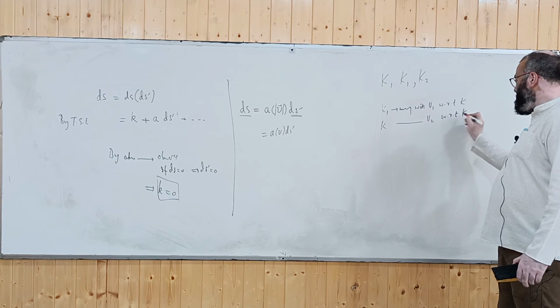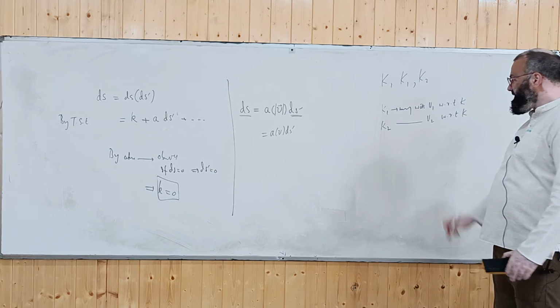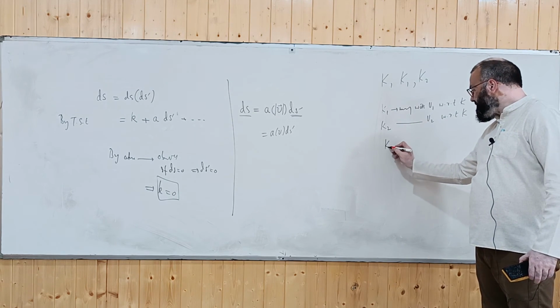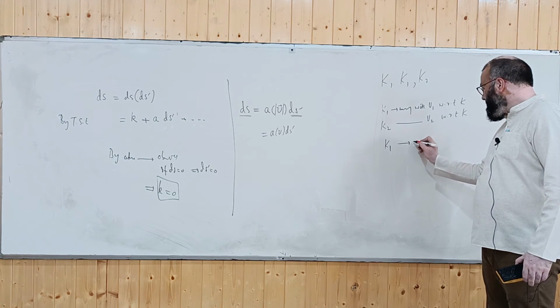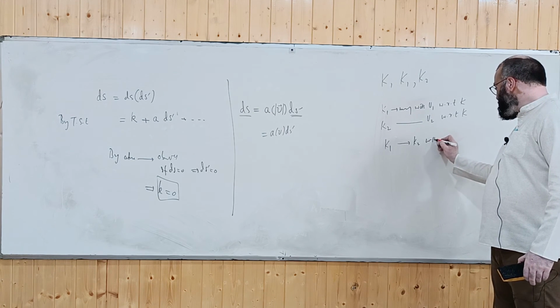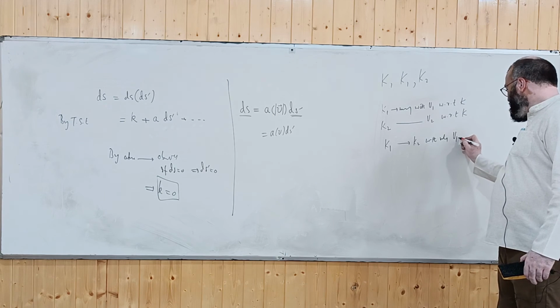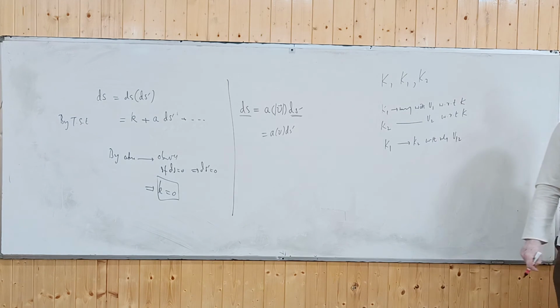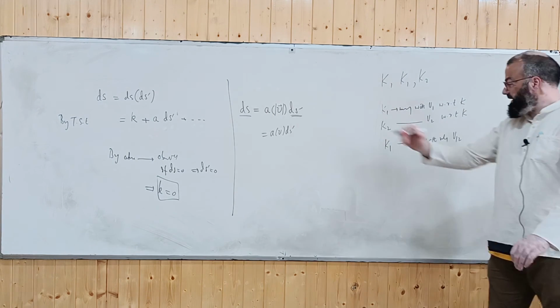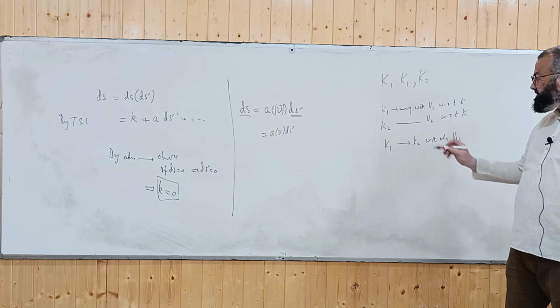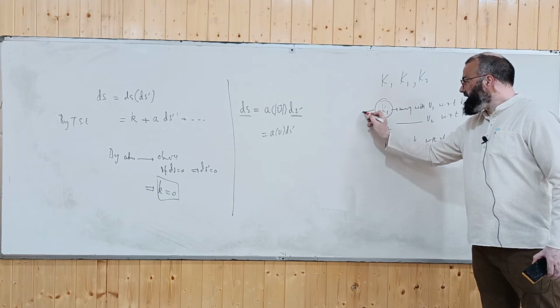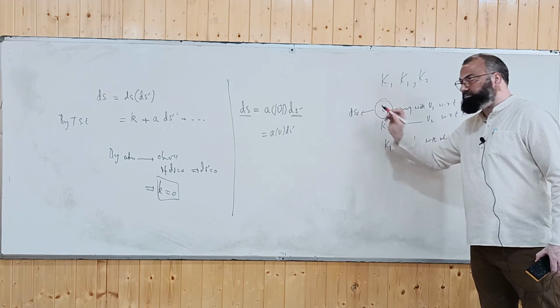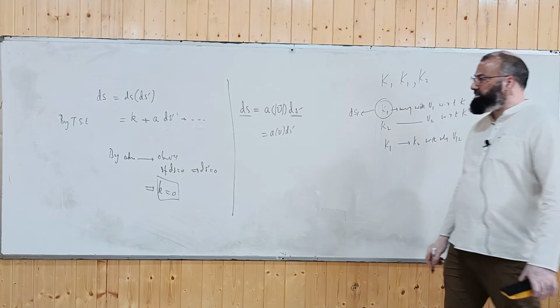How many frames am I considering? Three frames with respect to K. And there is a relative velocity. K1 is moving with respect to K2 with velocity, let's say V12. Got it? So by using this very relation, now in the K1 frame, I will be having ds1.